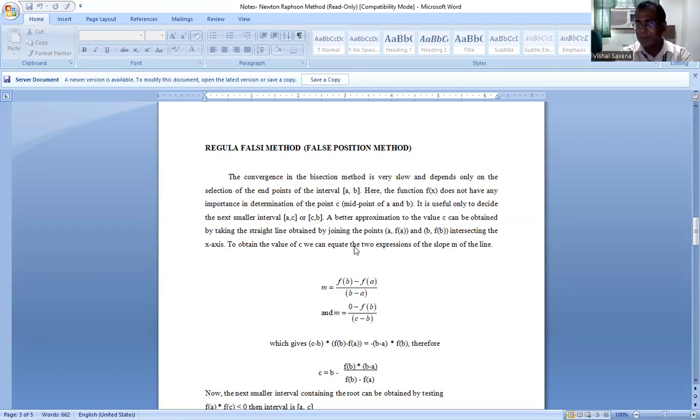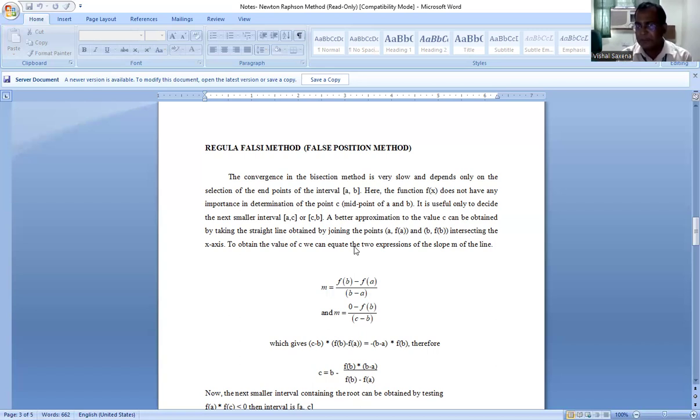A better approximation to the value c can be obtained by taking the straight line joining the points a comma f(a) and b comma f(b). This different approach improves the root, and this is the regular Falsi method. Now we understand how to derive the formula.